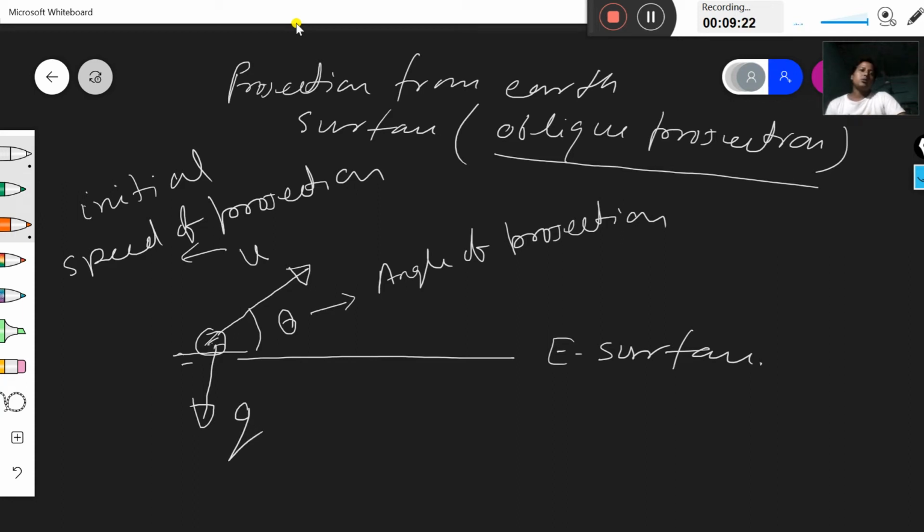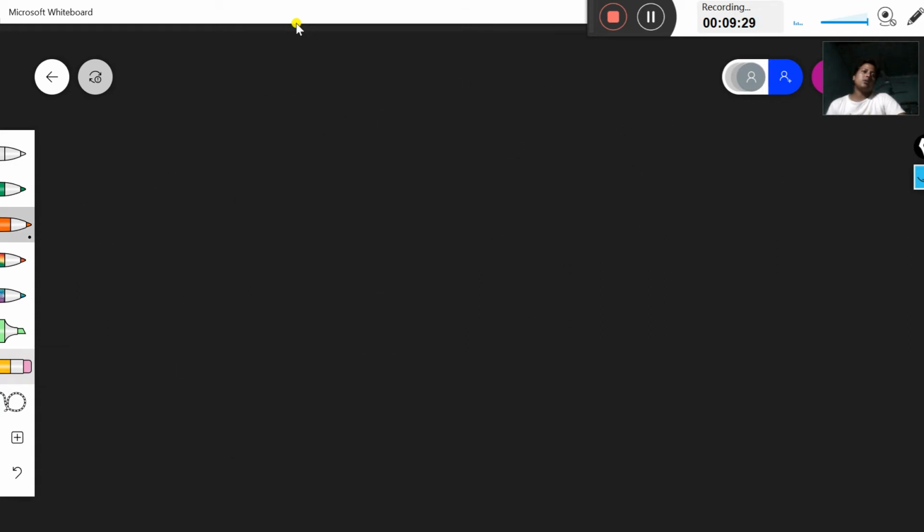We can break the components of a speed along the surface and perpendicular to the surface. As suppose this one is our Earth's surface, so a speed u have two components, u cos theta, another one is u sin theta, and acceleration due to gravity is g.